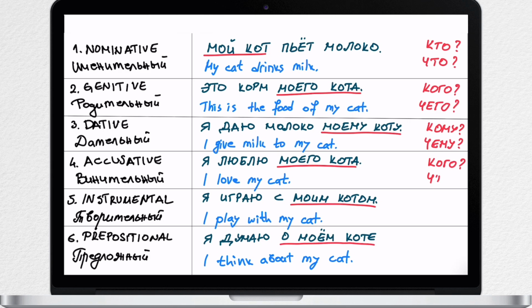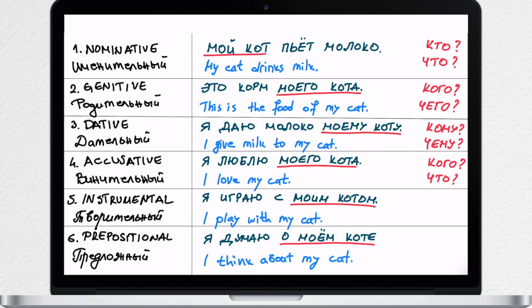что. So кого for animate nouns, and there will also be a correspondence in the noun endings for the accusative and the genitive cases, but I will talk about it in a more detailed video where I'll be explaining the accusative case. And the second question is что.